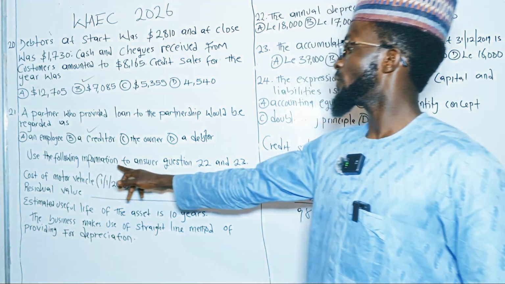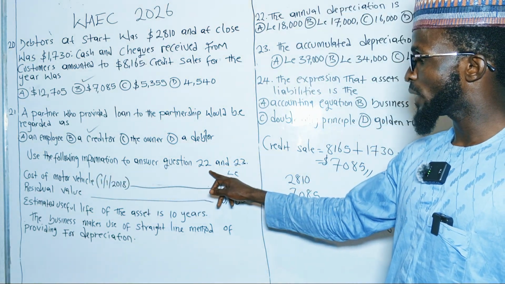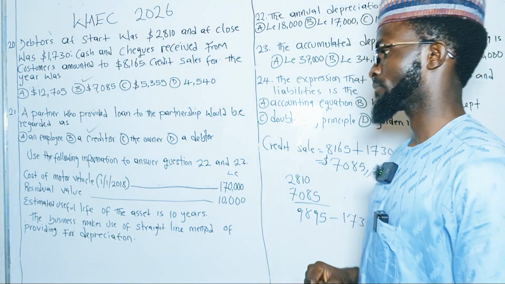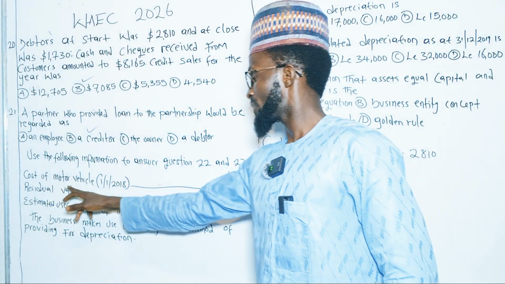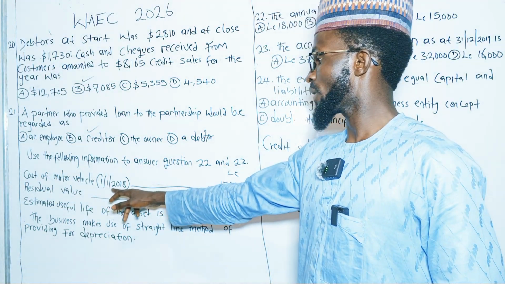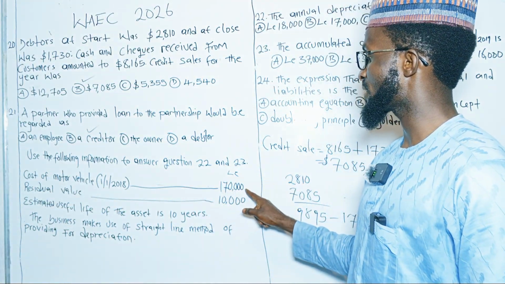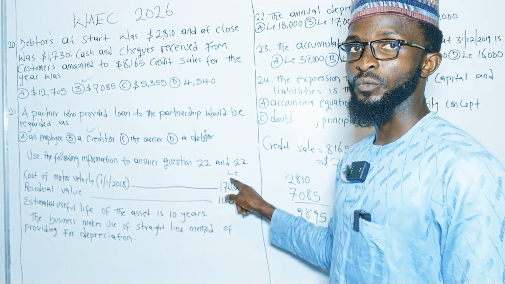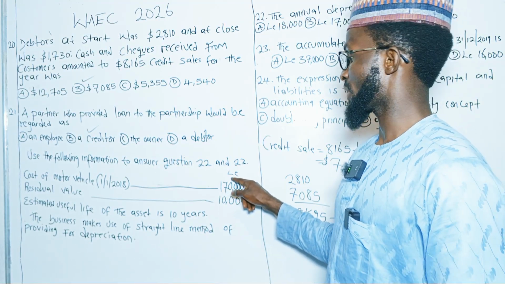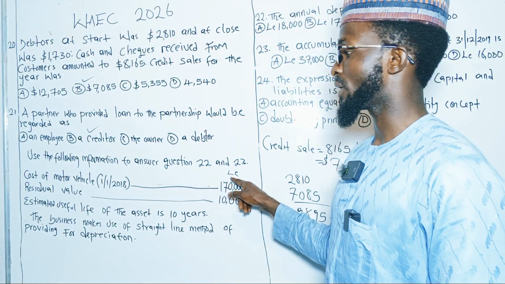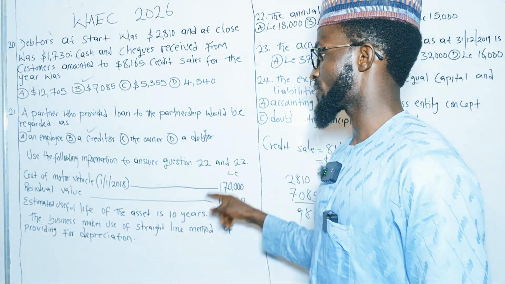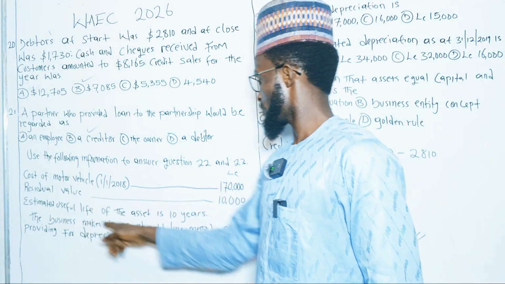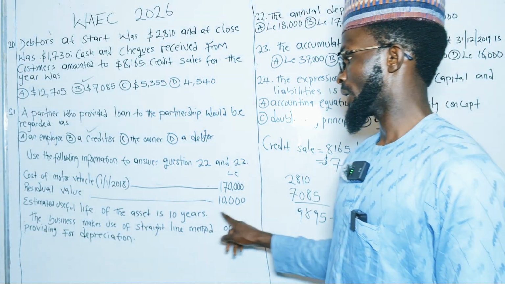Use the following information to answer question 22 and question 23. Cost of motor vehicle, 1st January 2018, 170,000 lei. This is Realian currency. We made a currency like this in the solution of our practice questions. Residual value, 10,000.